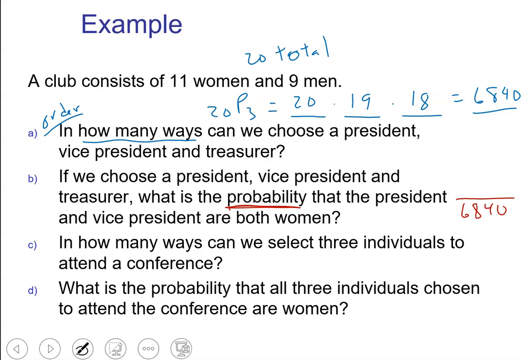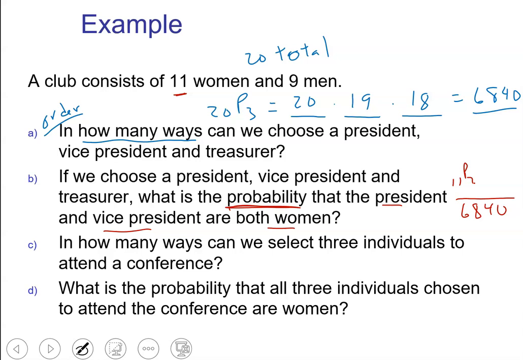Now we need to figure out president and vice president if they're both women. I have 11 women, and I'm choosing 2 spots, so 11P2, because order still matters. But I still have 1 slot left over for the treasurer.